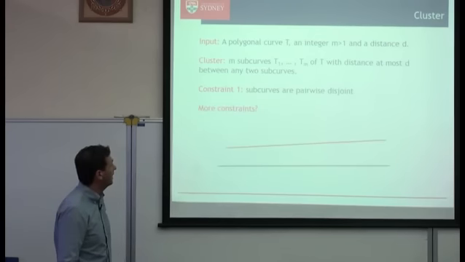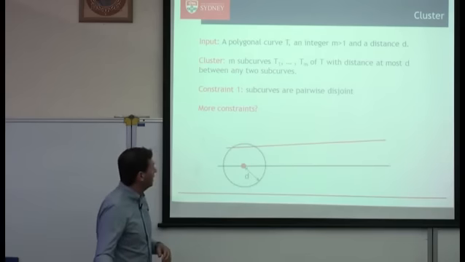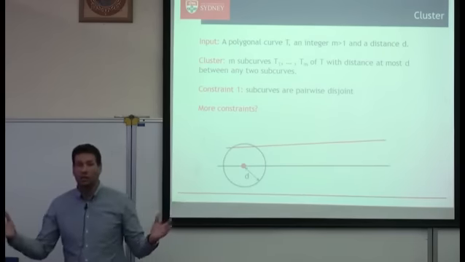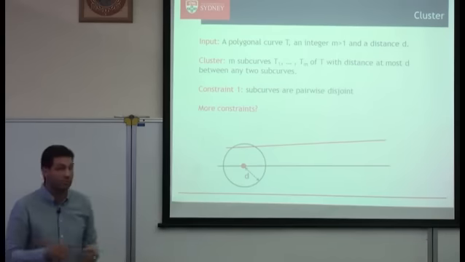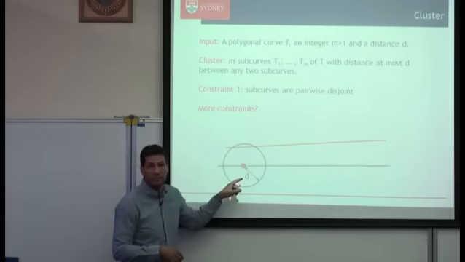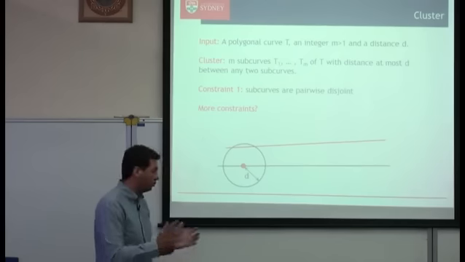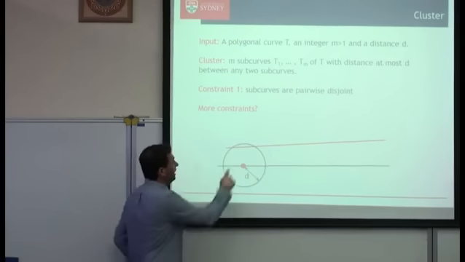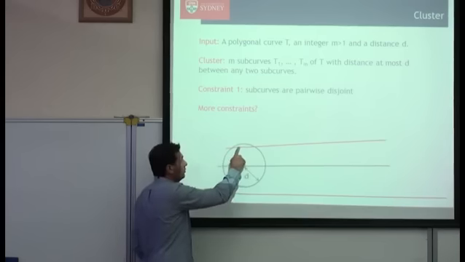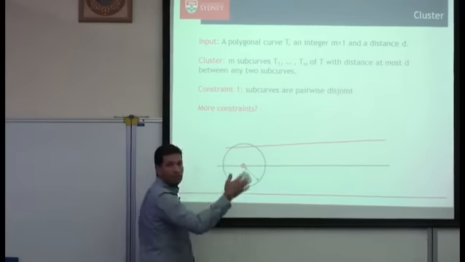The second thing that we usually require is that the length of the clusters is maximal. For example here, if I say that the distance is D and the cluster size is 2, then any pair of points here will form a cluster, this point with this point, with this point, so we get an infinite number of clusters.